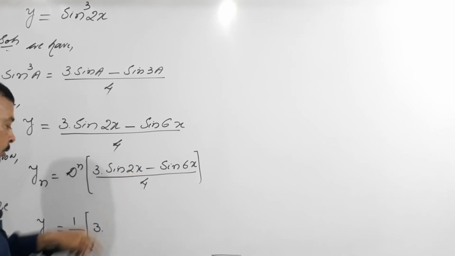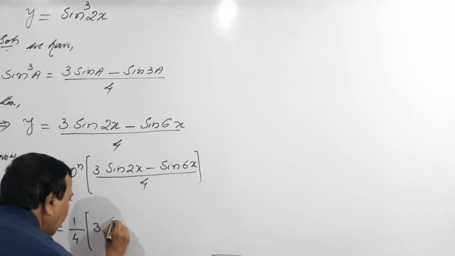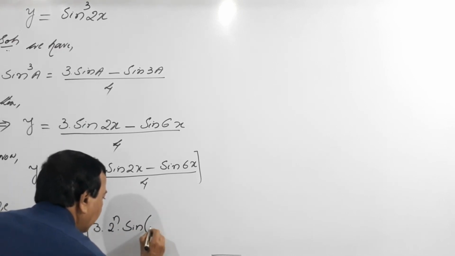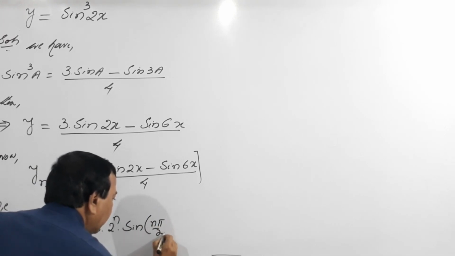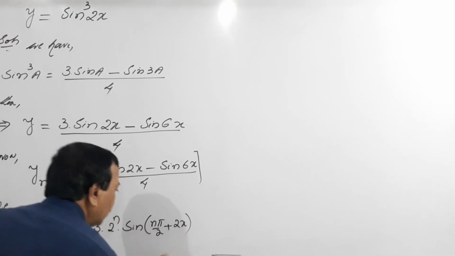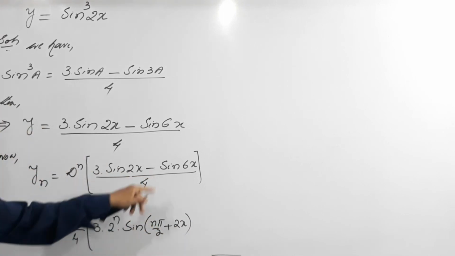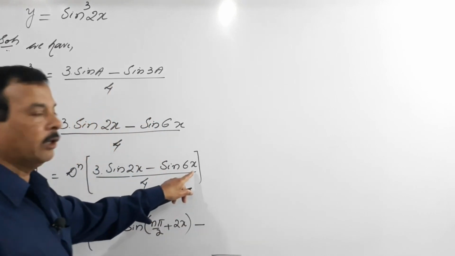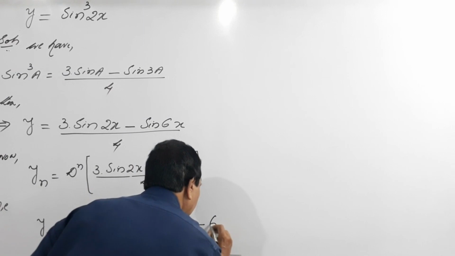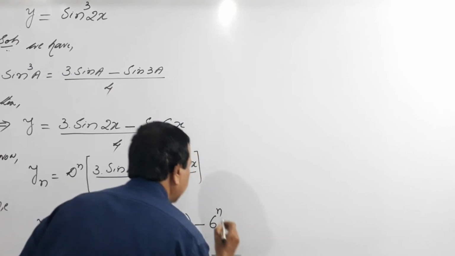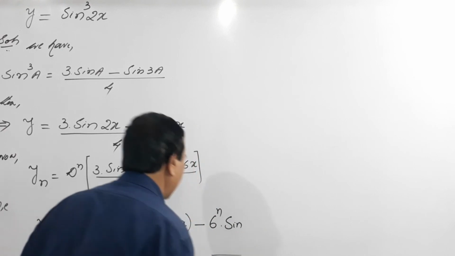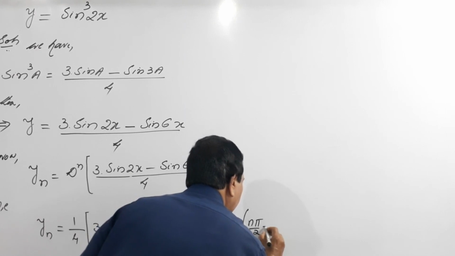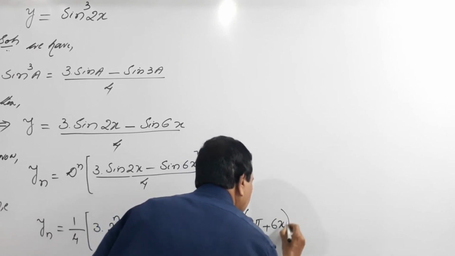So here the coefficient of x is 2 and that becomes 2 to the power of n sin of n pi by 2 plus 2x, minus, what is the coefficient of x? It is 6, that becomes 6 to the power of n. We have sin again, sin of n pi by 2 plus 6x.